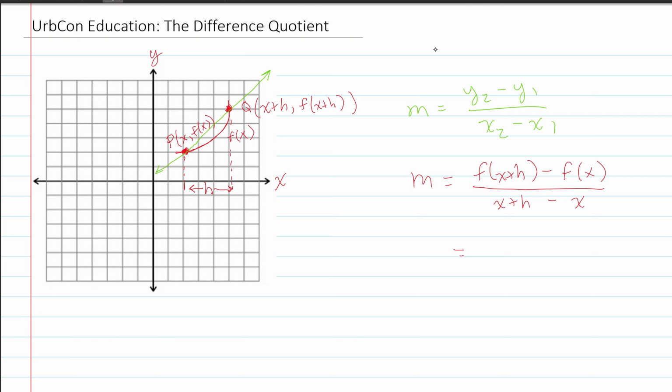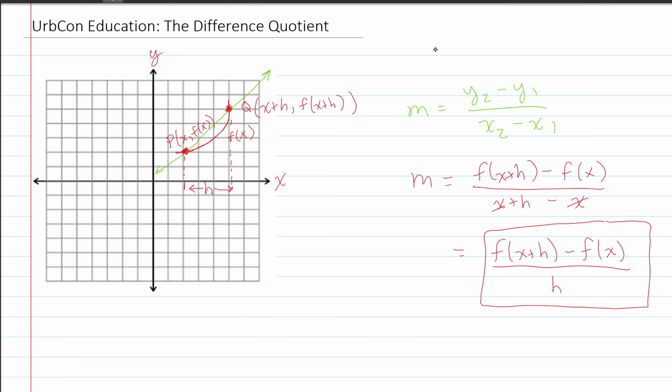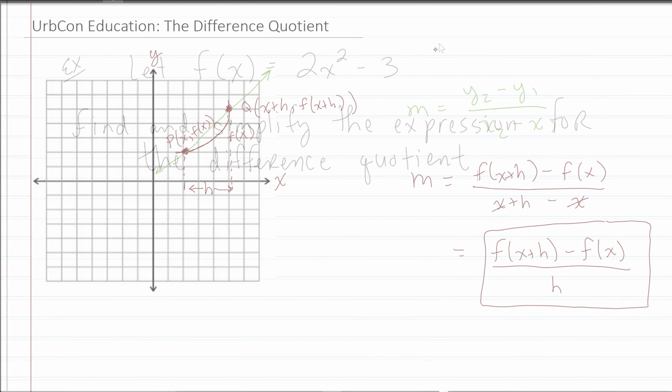All right, let's clean that up a little bit. And then we have f of x plus h minus f of x. And in the denominator, x plus h minus x, well, those two x's disappear, right? Because one's a positive x, one's a negative x. And then we have h at the bottom. So what we have here that we've come up with, this is known as the difference quotient.